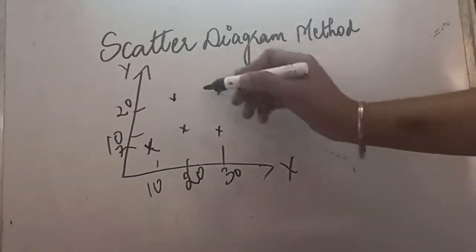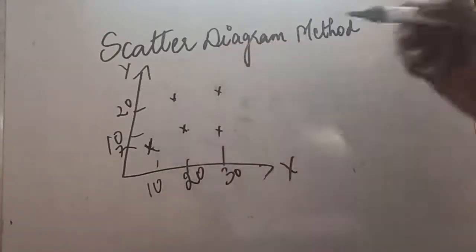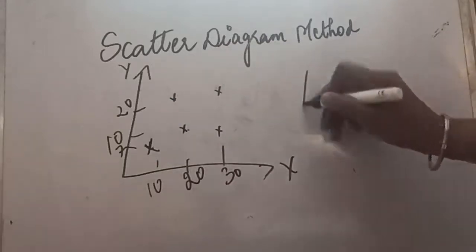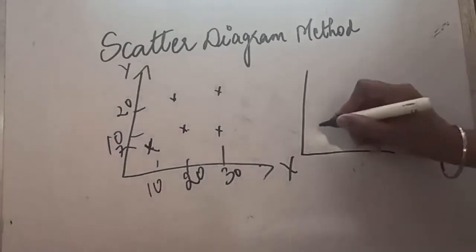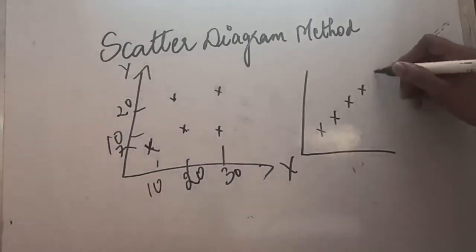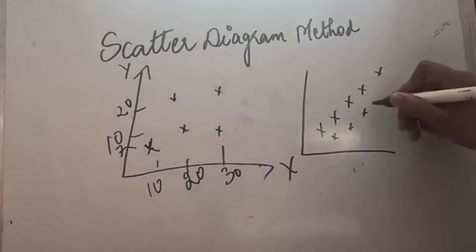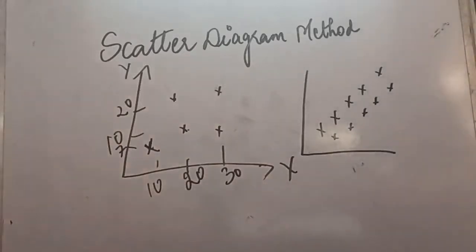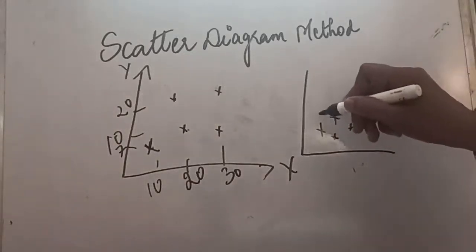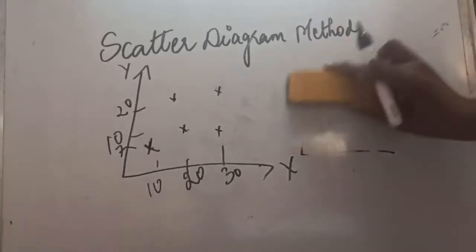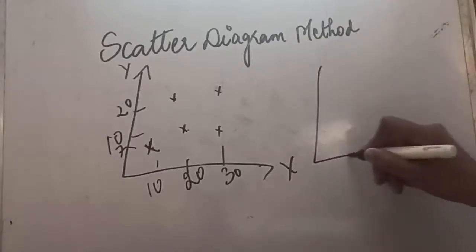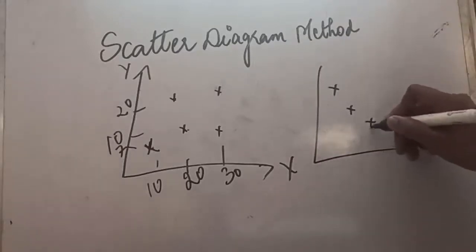If the diagram is like this, you can see this is very scattered. There is no correlation. Sometimes you will find the diagram to be like this. So it shows that there is high degree of positive correlation because this is going in this way. If it is the other way around, for example, when you plot these points on the graph, you get a diagram like this.